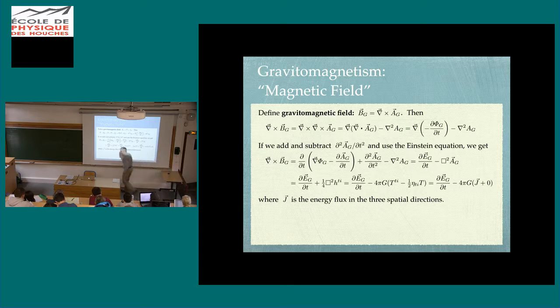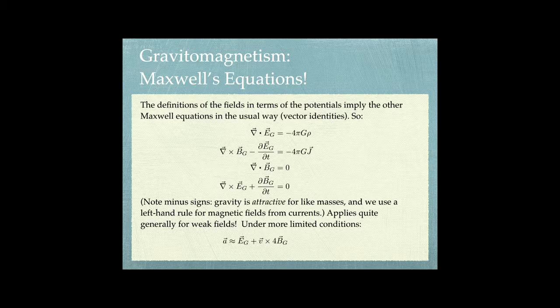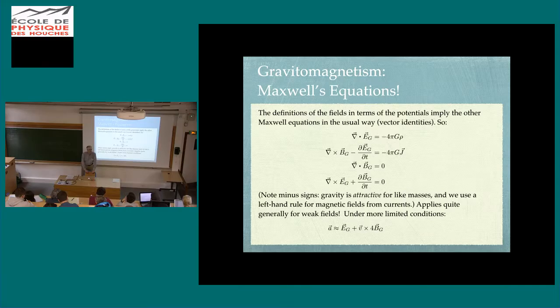Okay? And the way we've defined the potentials means that the other 2 equations, the fact that the divergence of the magnetic field is 0 and Faraday's law, just emerge from the fact that I can write these fields in terms of potentials. So it's just the same thing.